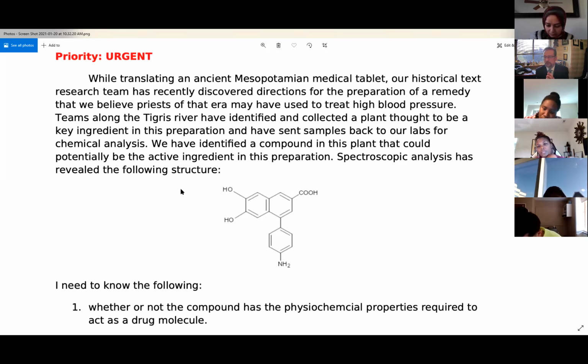No, probably not. So does it have a good possibility of being a drug molecule? No, because there's nothing unique about it. It's too small. There's not a lot of uniqueness to it in terms of its size, shape, and molecular atomic composition.